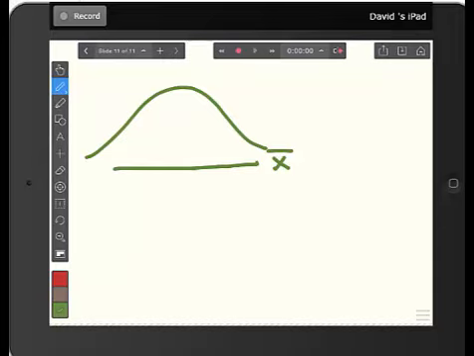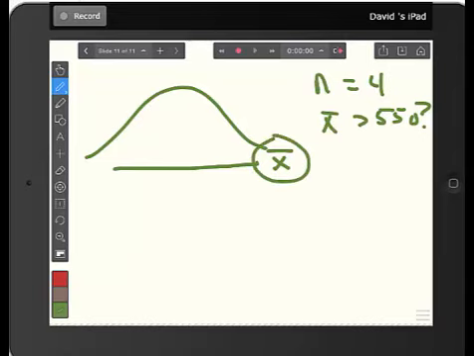Okay, in part 4, now we have a sample size of 16, and we're asking about sample means. What's the probability that we get a sample mean greater than 550? Those are the two clues that we're looking at a problem where we have a sampling distribution of x bars, and via the central limit theorem, what we know is that the mean of those is equal to the mean of the population, so that's 513.